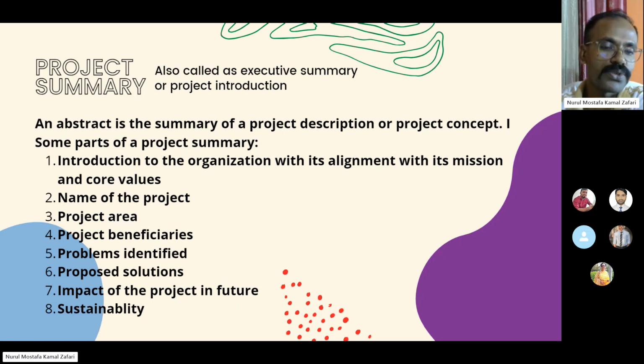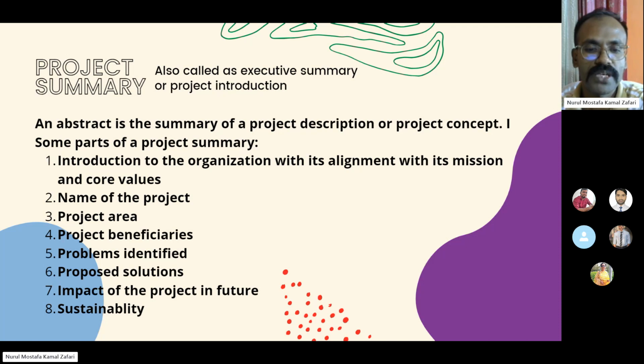Then also project beneficiaries. He can also add a short analysis of beneficiaries using the SAD explanation. SAD means sex, age, and disability disaggregated data. And problems identified means the main problems identified which will be addressed through this project, and proposed solutions to solve the identified problems.